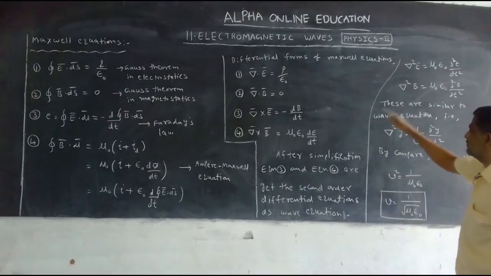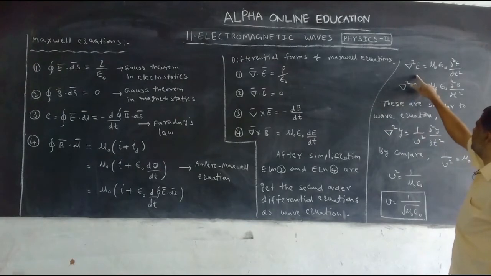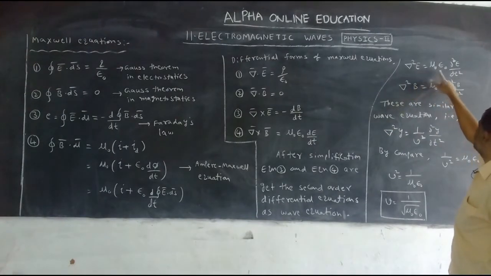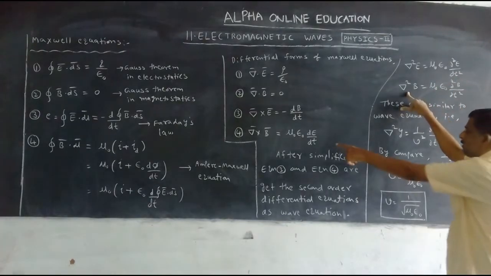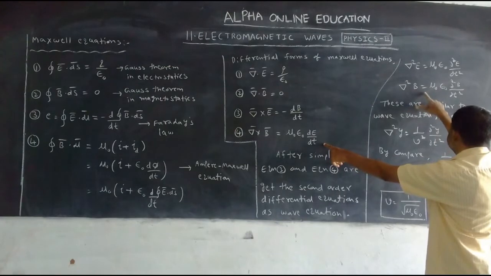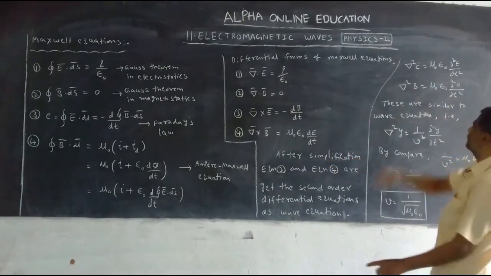How? Equation 3 becomes del square E is equal to mu naught epsilon naught dou square E by dt square. Equation 4 becomes del square B is equal to mu naught epsilon naught dou square B by dou t square.